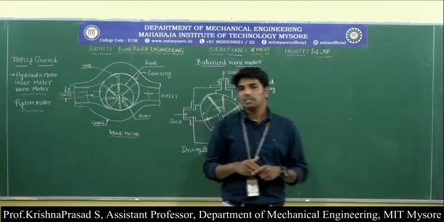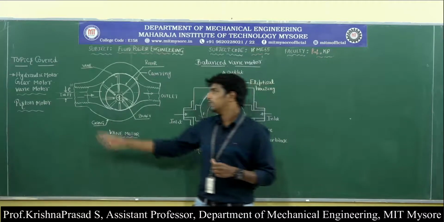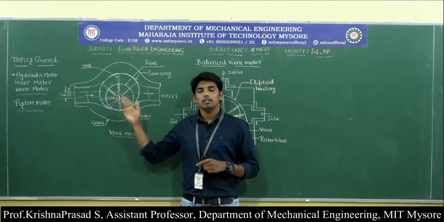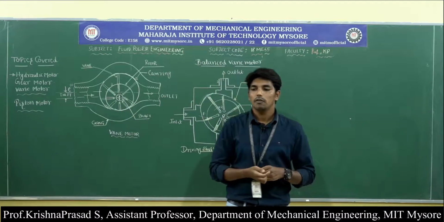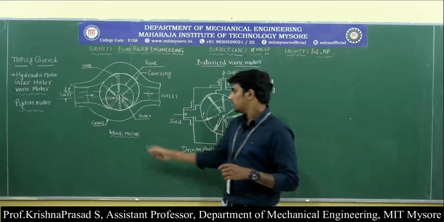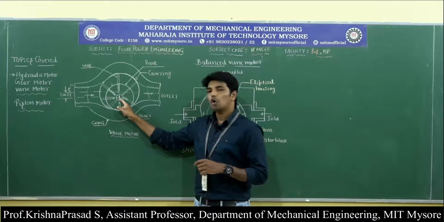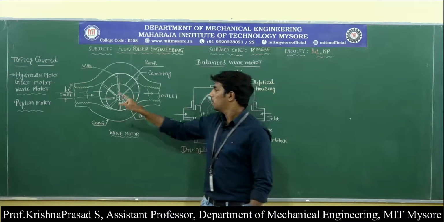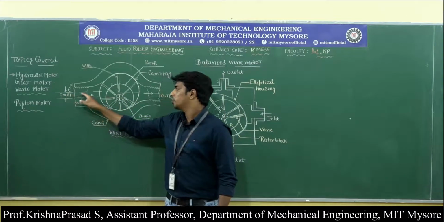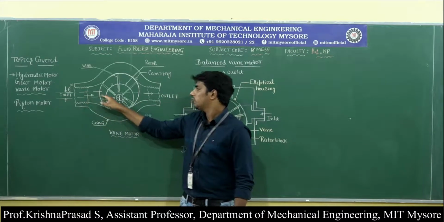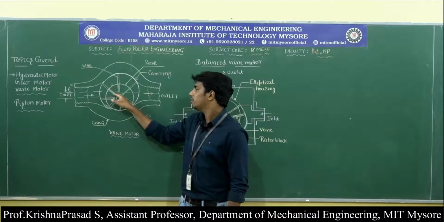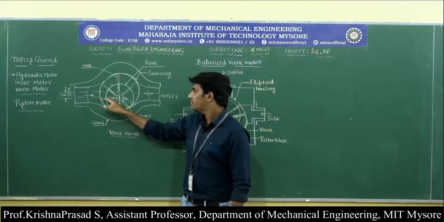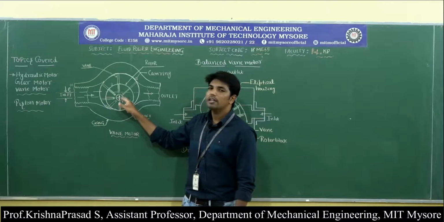In the previous class, Professor Ramanand completed the gear motor and the different types of gear motor. So in today's class, I am discussing the vane motor. The vane motor develops torque at its output shaft by allowing highly pressurized fluid to enter the radial vanes, and these radial vanes slide in and out of the rotor slot, which is keyed to the driving shaft.